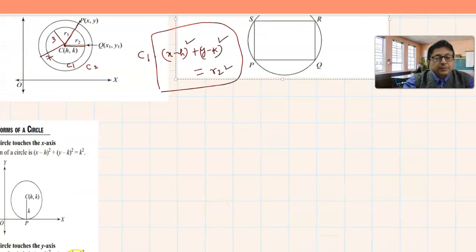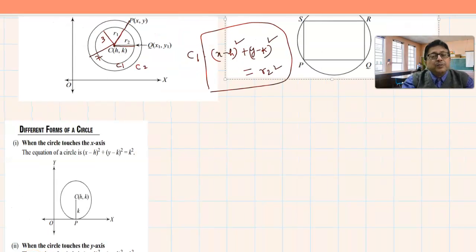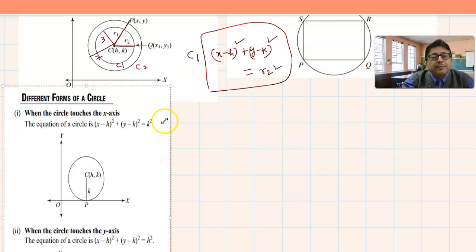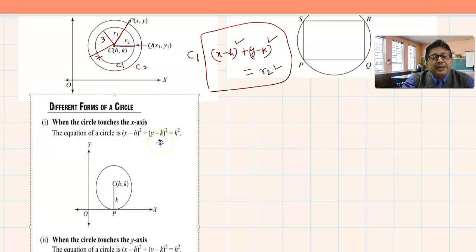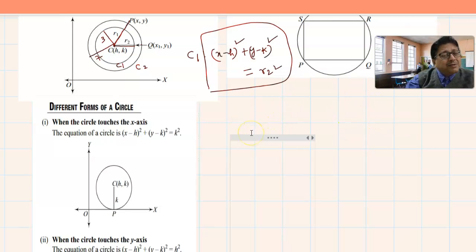Now, let me discuss a few more cases which, if you know them before solving problems on circles, will make it easier for you to tackle sums on circles. A situation may arise in this manner: a circle touching the x-axis. You might have seen this kind of problem. Without a good idea, you are able to solve it by remembering it as a formula.